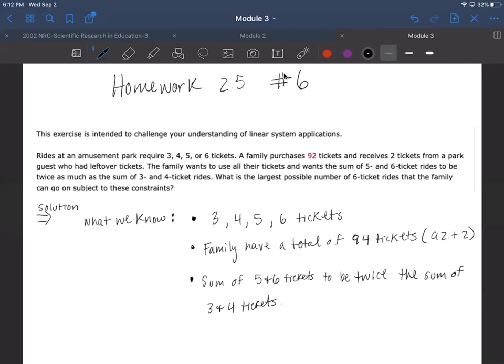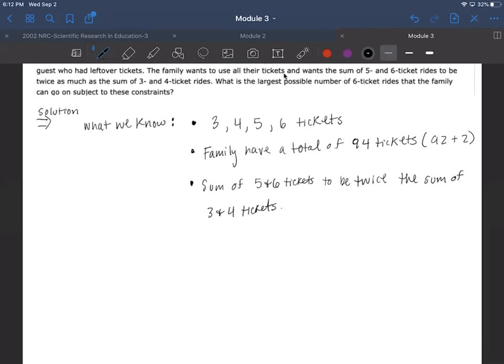How many of each of those can I have? That's a total of 94. So I'll ask the question again. How many of those 3, 4, 5, 6 tickets can I have that will equal 94?